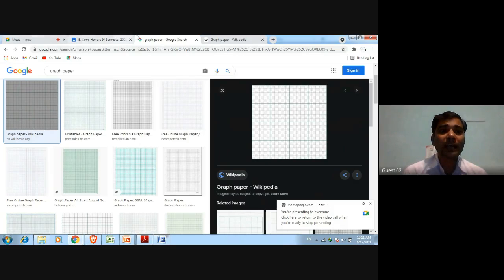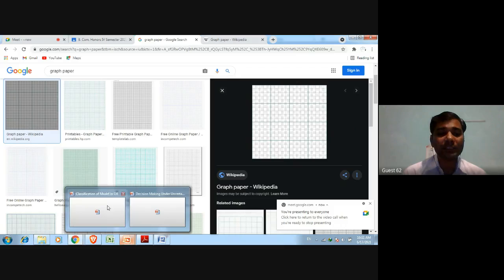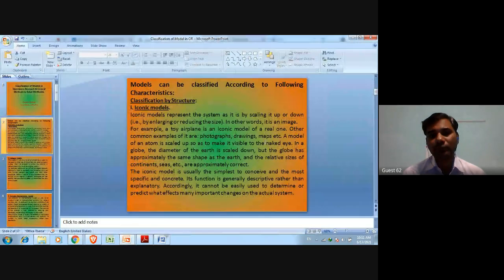So this iconic model is also a representation of scaling. Scaling means suppose you have a map of UP, and now you have to measure the distance from Kanpur to Ghaziabad in the map. So how will you measure?